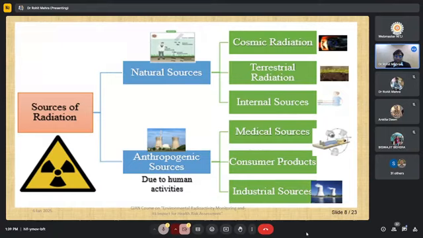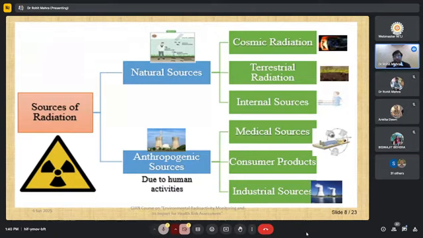So these are the artificial or medical radiations, apart from the natural radiations you are under the influence of. The combined effect of internal, natural, as well as anthropogenic, or artificial, sources gives you a total dose. That is why understanding natural sources is very important, because natural radiation is what we cannot avoid.